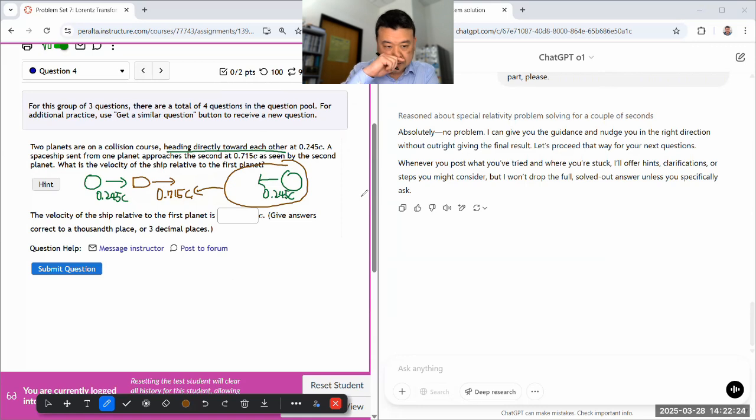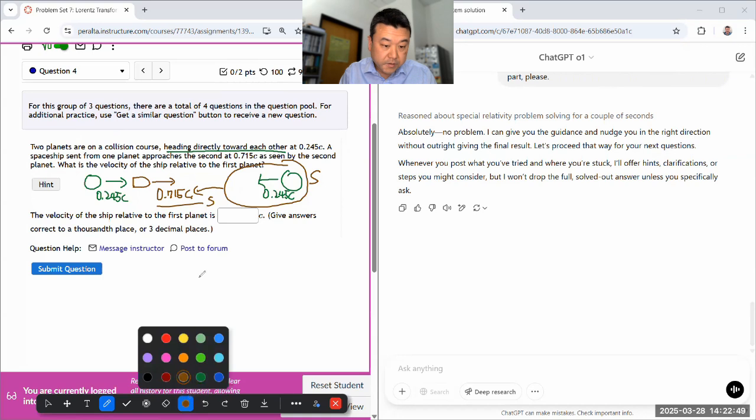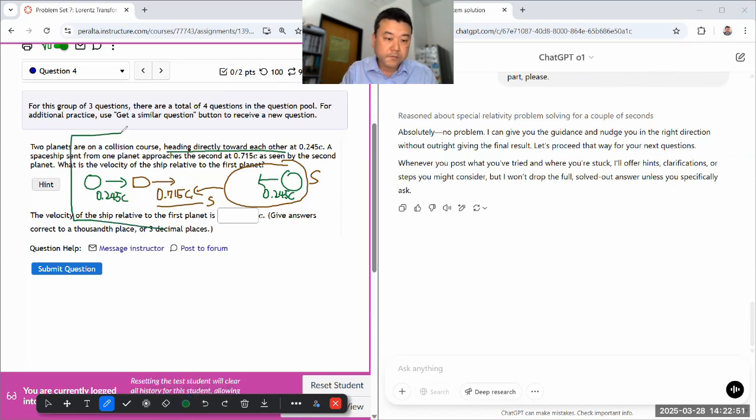I guess let's have the frames set up. So based on my misunderstanding of the setup, I will have three frames set up. I'm going to call this frame S. This is the frame S speed, the speed of the planet. I'm going to call my observer, looking at all this, frame S prime, in green.